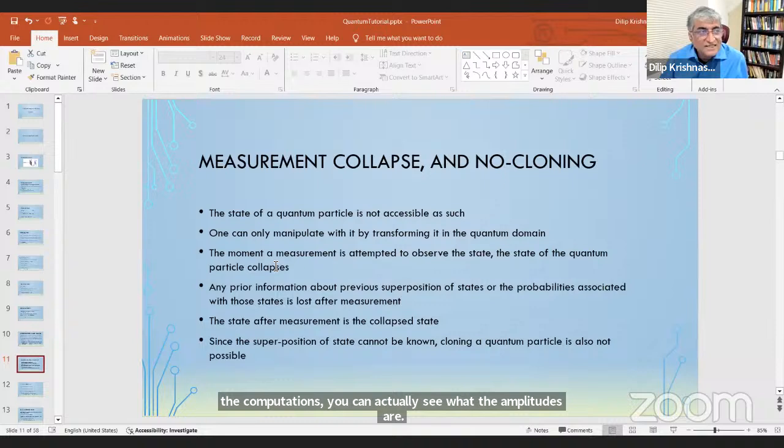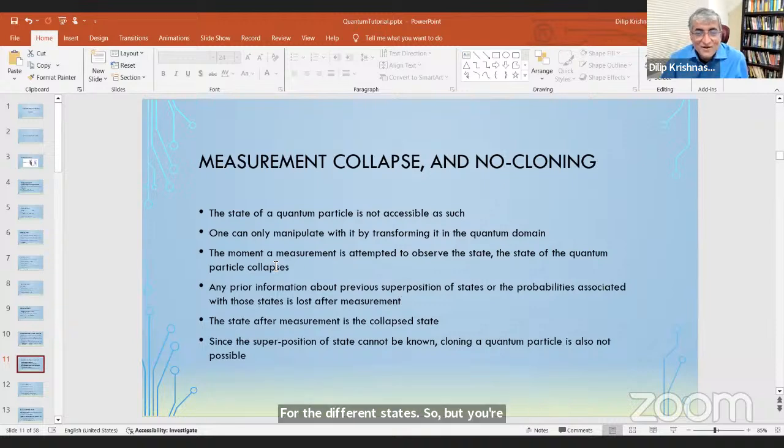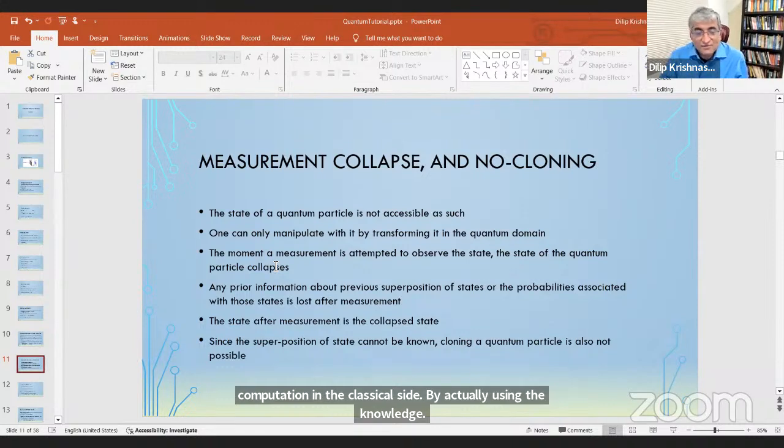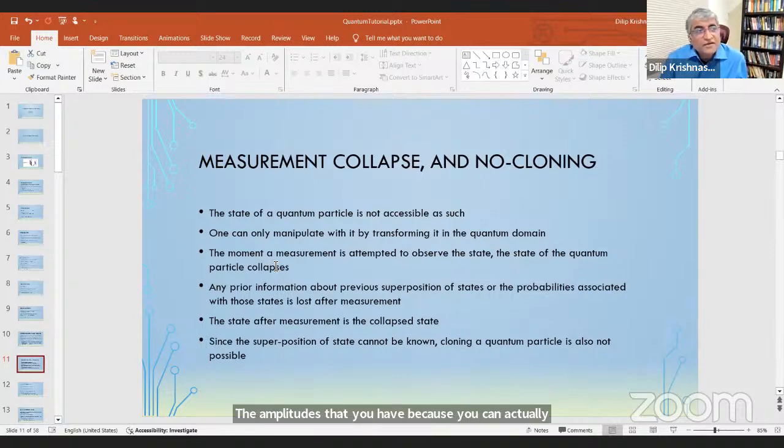So you're technically not supposed to see it, but you actually have that information available. So there is a possibility of doing some richer computation on the classical side by using the knowledge of the amplitudes that you have, because you can actually observe these amplitudes as it's going through a program.